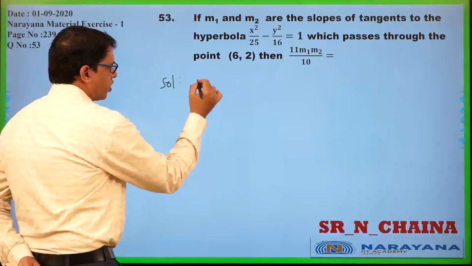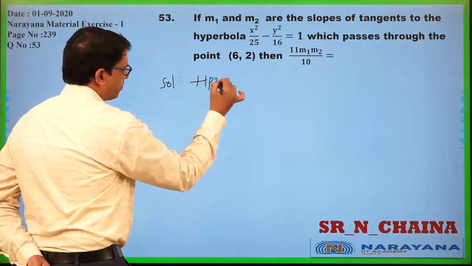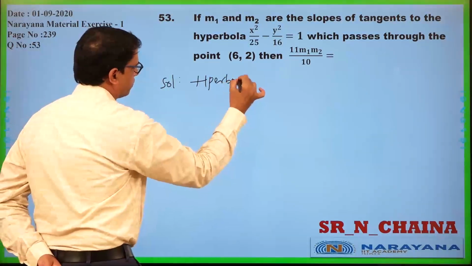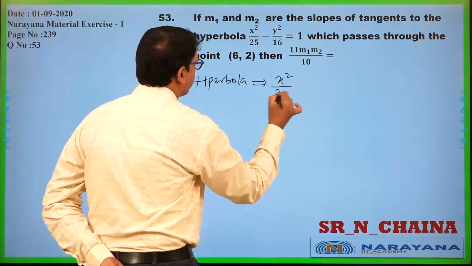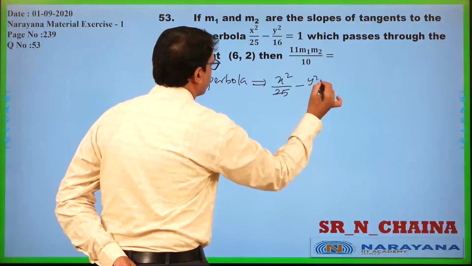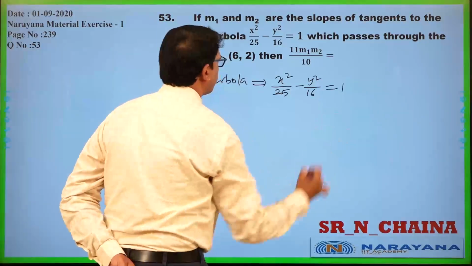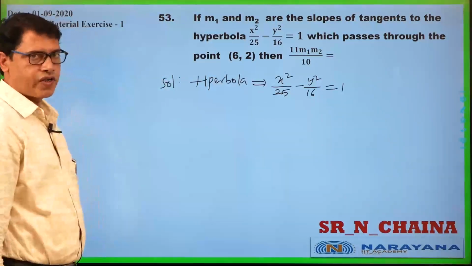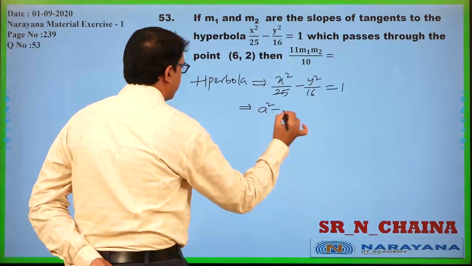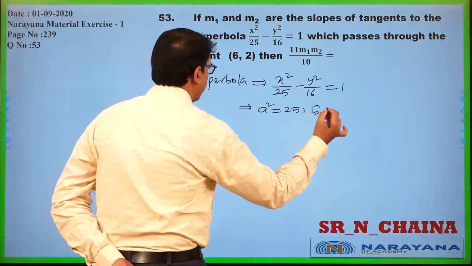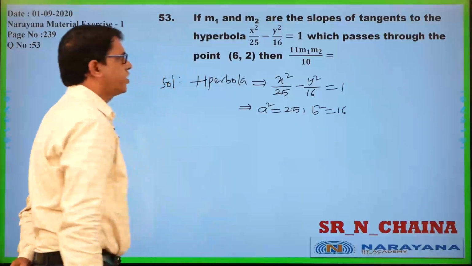First, given hyperbola implies x square upon 25 minus y square upon 16 equals 1. Here value of a square is equal to 25 and value of b square equal to 16.